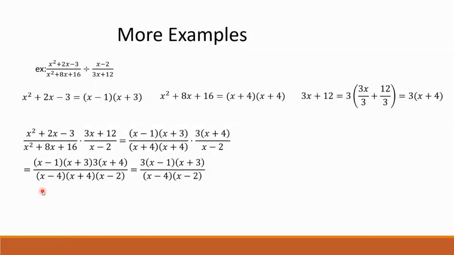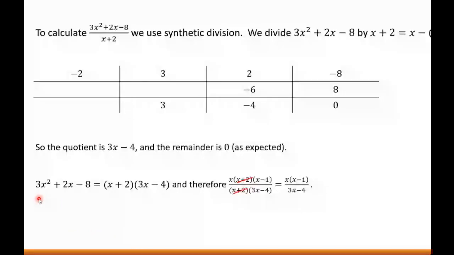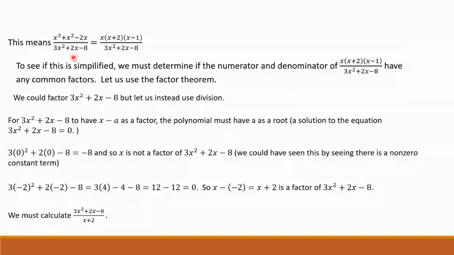So basically, in the previous example, we had division. And for simplifying, you could just factor and cancel the common factors. For the previous one, actually, all we did was simplify. So we factored top and bottom, and cancelled common factors.